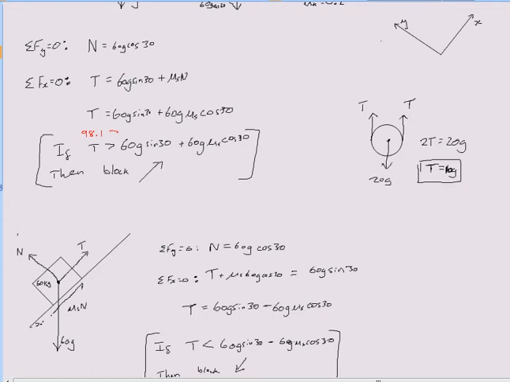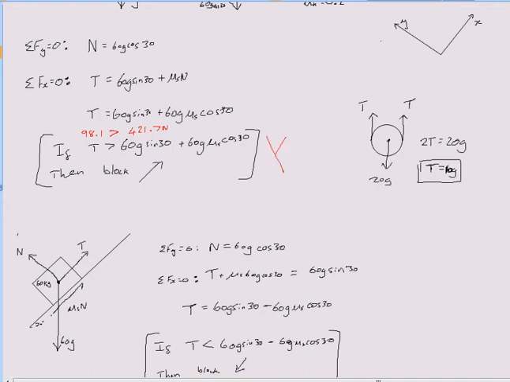And we're checking whether that's going to be greater than 60 times 9.81 times sine 30 plus 60 times 9.81 times mu s, which in our case is 0.25, times cosine 30. And that becomes 421.7 newtons. Is this inequality satisfied? Absolutely not. There's not a chance that 98 is greater than 420, right? So this inequality is not satisfied.